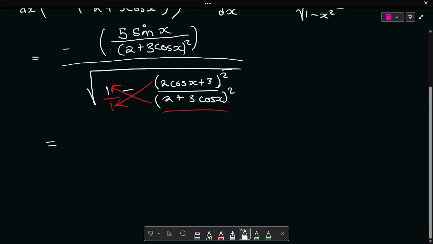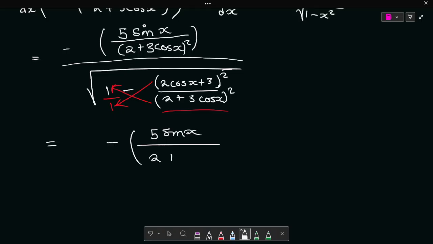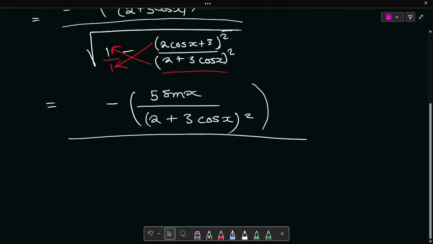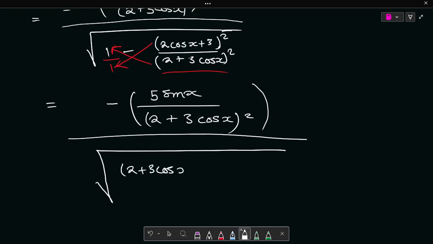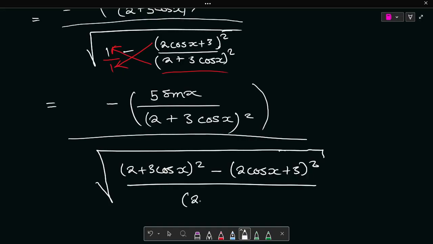So what we are going to simply have is negative 5 sine x over 2 plus 3 cos x squared, over the square root of 2 plus 3 cos x squared minus 2 cos x plus 3 squared over 2 plus 3 cos x, and this one is also squared.